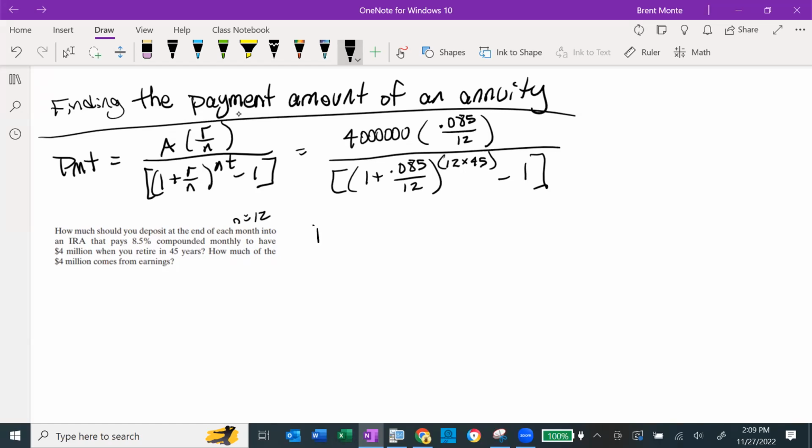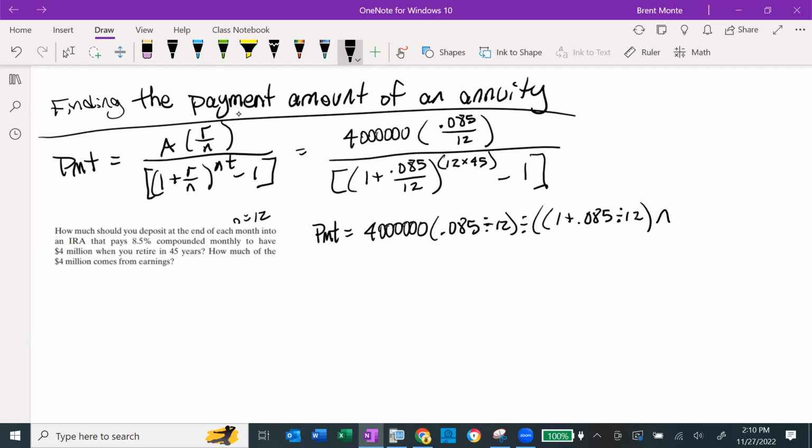So for payment, I'm going to type in $4 million, left parenthesis, 0.085 divided by 12, close parentheses, and then divided by now the whole denominator. That's the bracket on the left and then the parentheses. So 2 parentheses, 1 plus 0.085 divided by 12 again.